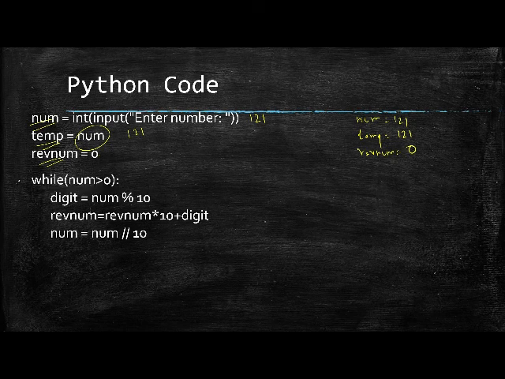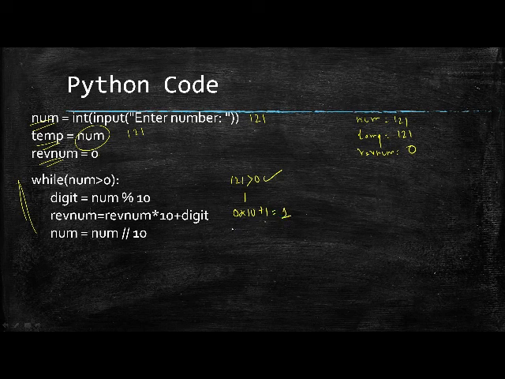Now, this is exactly the same logic as for reversing a number. You must have gone through the other video which was flashed to get the reverse number. Still, I'll quickly walk you through the logic. So num, in this case 121, is greater than 0, which is true. We get the last digit using the remainder operation. The digit in this case is 1, and the reverse number is 0 into 10 plus 1, which is 1.